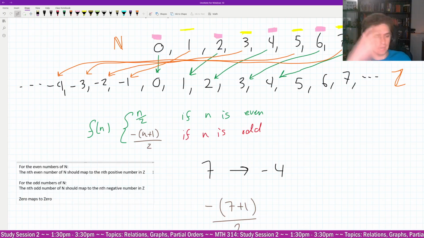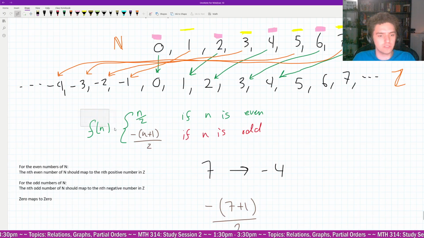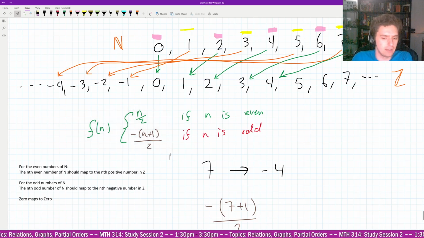So there we go. That's a better way of thinking about it. That's the logic of solving this problem, and then you just figure out the pattern to make that happen.